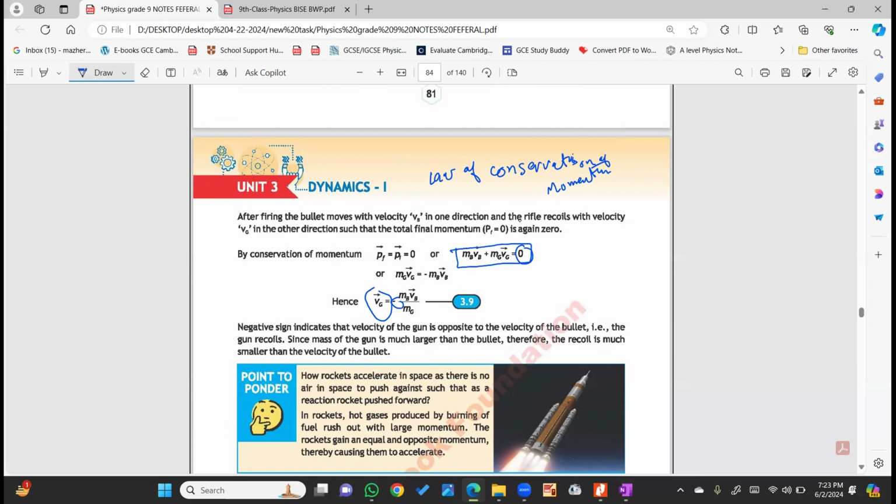Initial momentum was 0 for both, and the final momentum is the sum of the momentum of the bullet and the gun. So the plus sign was added, and obviously when we take it to the other side, it would have a negative sign with it, so we will have some equation.